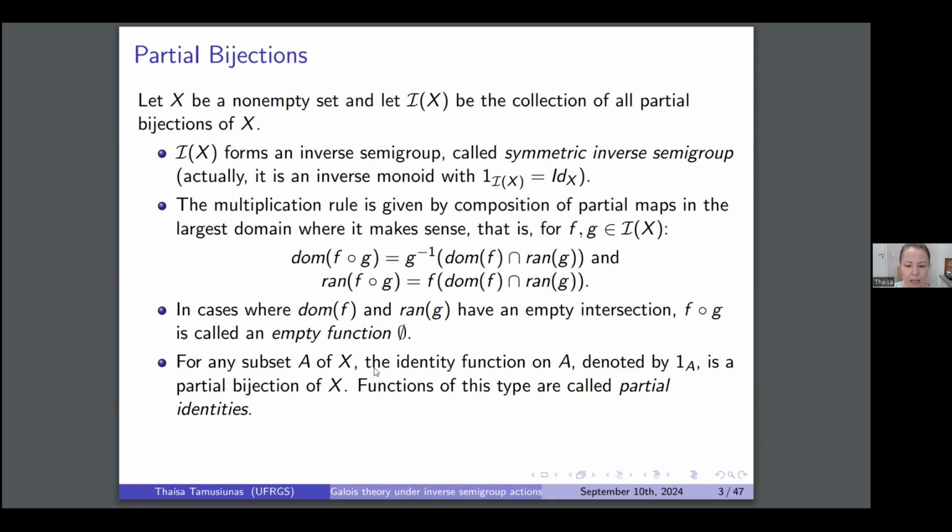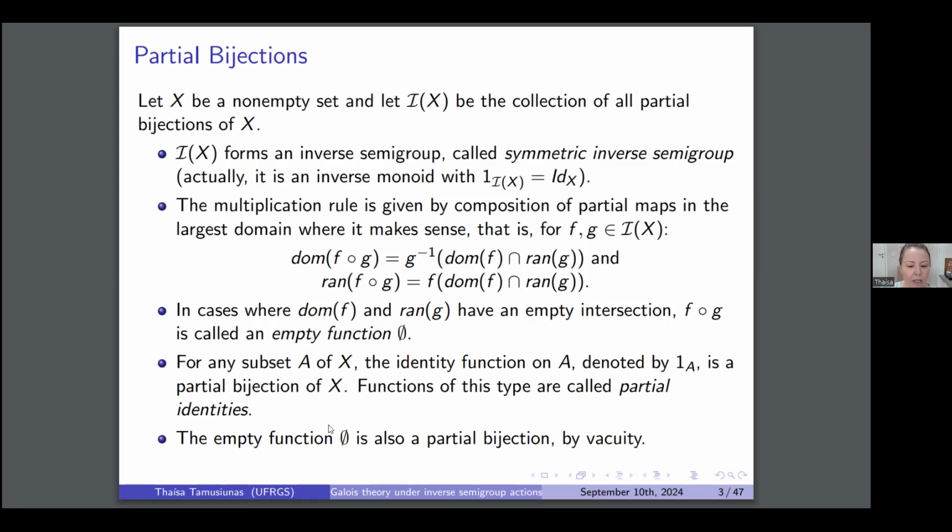For any subset, we have the identity map of this subset, and for sure this is also a partial bijection called a partial identity. And the empty function is also a partial bijection by vacuity.